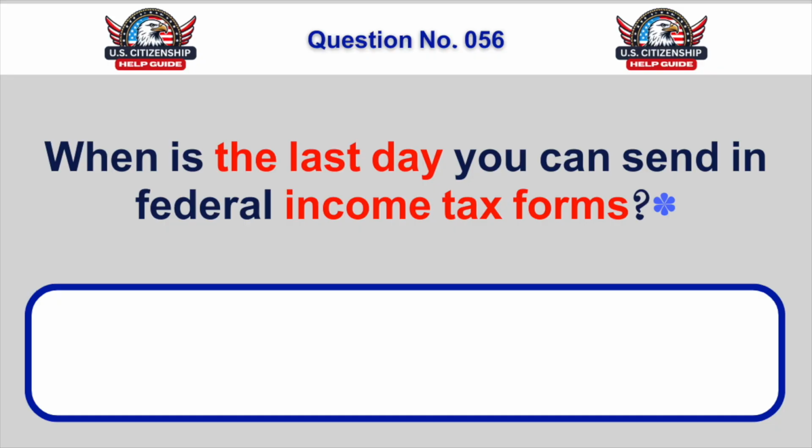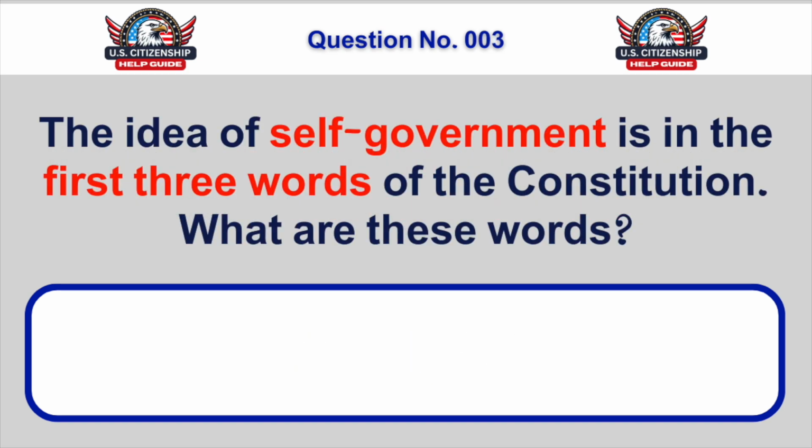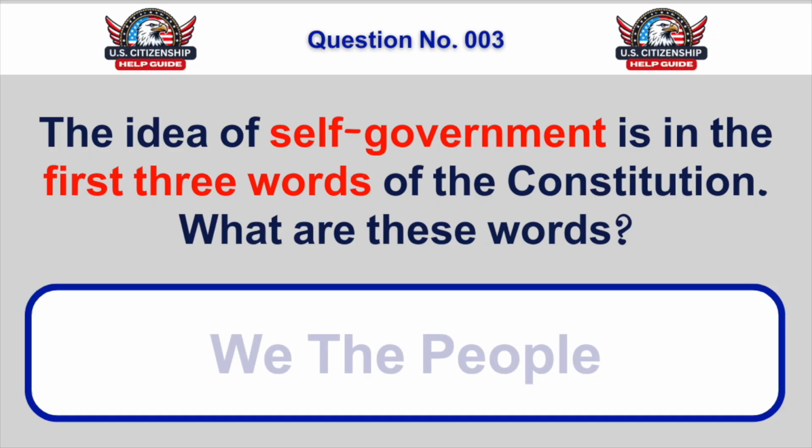When is the last day you can send in federal income tax forms? April 15. The idea of self-government is in the first three words of the Constitution. What are these words? We the people.